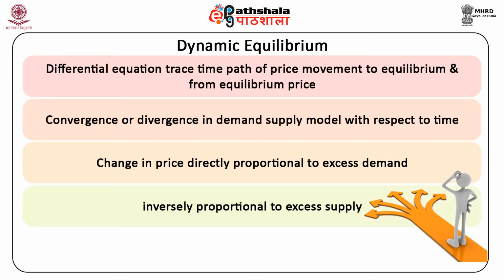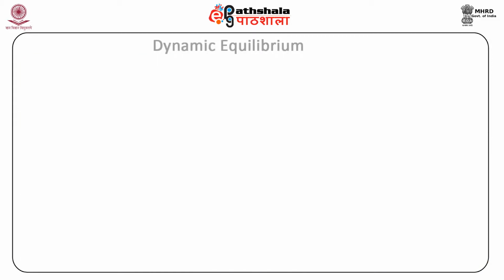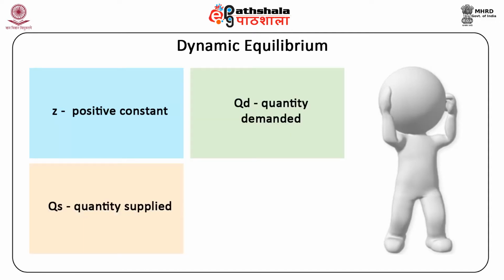This can be explained as follows: dP/dt = Z(Qd - Qs). In this equation, dP/dt is the change in the price with respect to time, Z is a positive constant, Qd is quantity demanded, and Qs is quantity supplied. The equation states that if Qd = Qs, then dP/dt = 0.